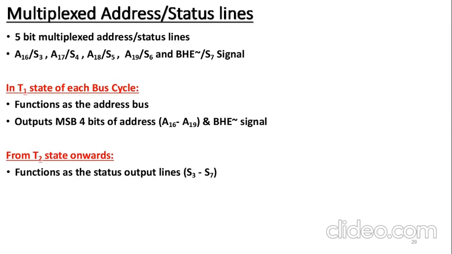The status output lines provide the status of the microprocessor, and various types of statuses are defined here. Even some of the status lines are used for control purposes as well, controlling some of the design parameters of the microprocessor. We will see that later on.